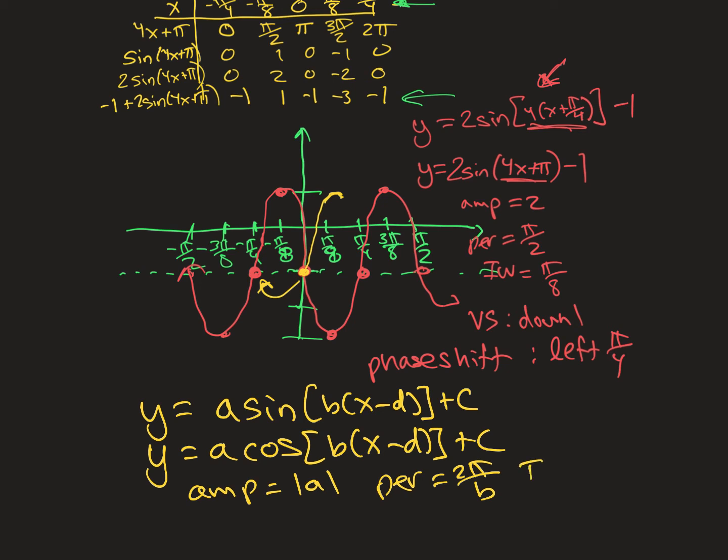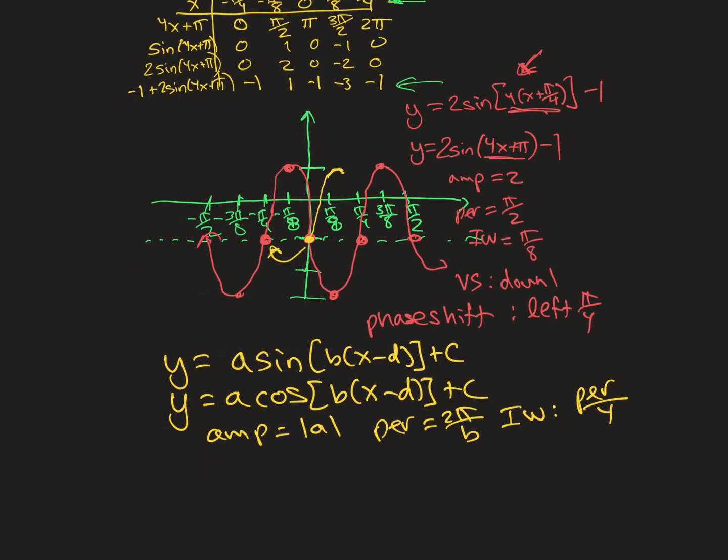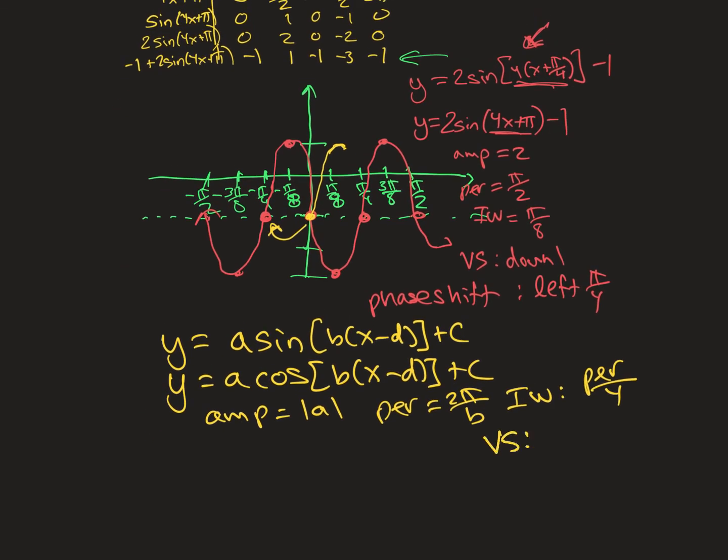And the interval width, I can get that from the period divided by 4. The vertical shift is up or down c. And notice I wrote the b and the x minus d in this factored out form. And in this form, the phase shift is left or right d.